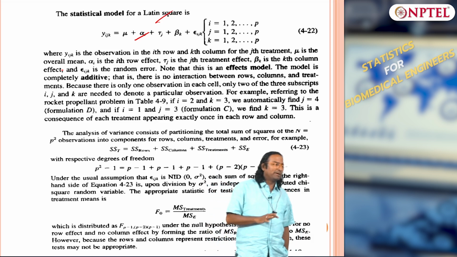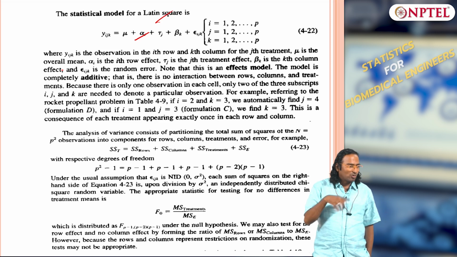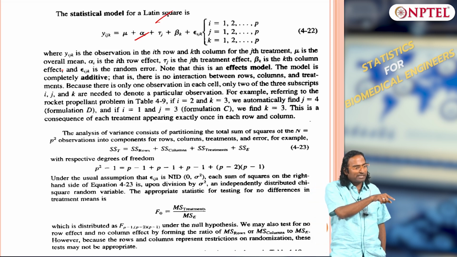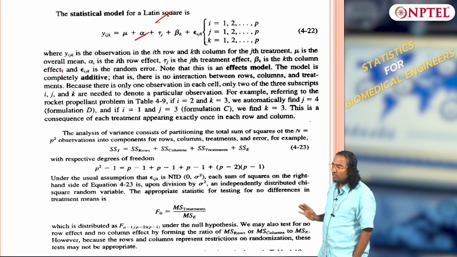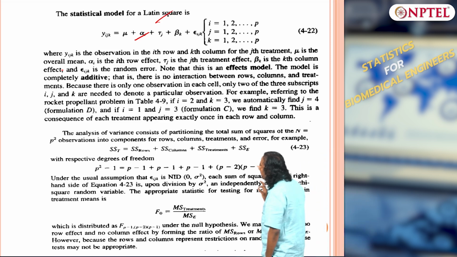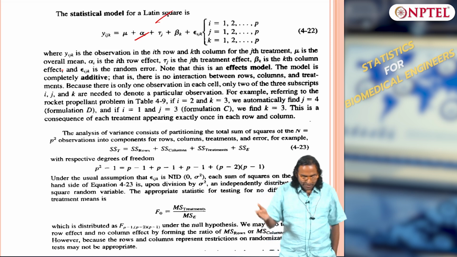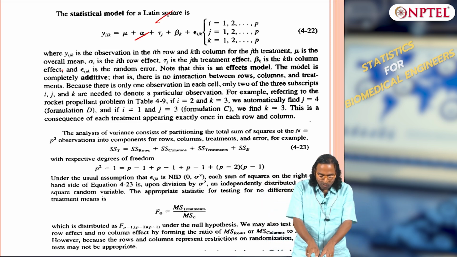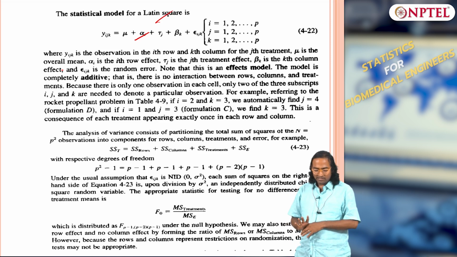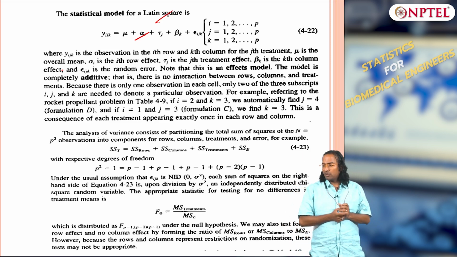Notice i, j, k no longer represent just rows and columns. One index is associated with treatment, another with a block, and the third also with a block. Whatever symbols you want to use, okay. But now there are 3 factors in the picture. So this is your Latin square model.